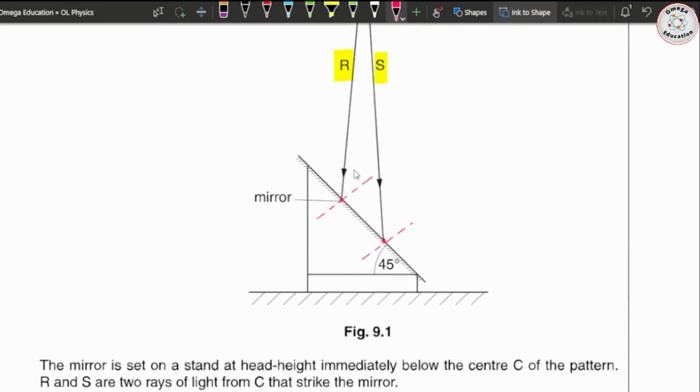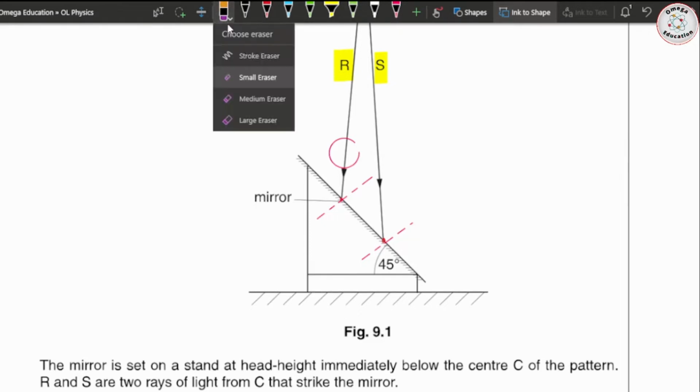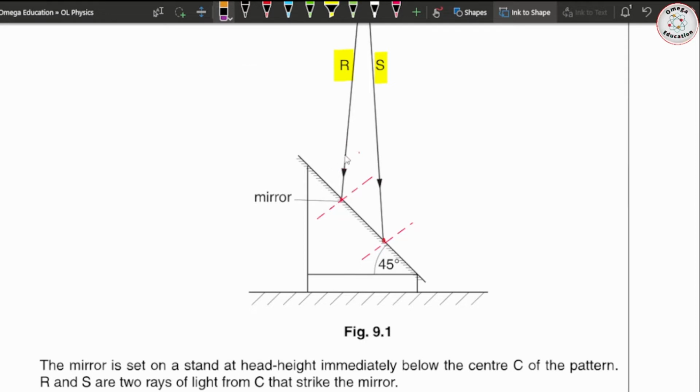Like the first one, the ray R, it would be reflected at the very same angle as the incident angle. So we'll reflect it on the other side of the incident ray, and we'll ensure that the angle of reflection equals the angle of incidence.